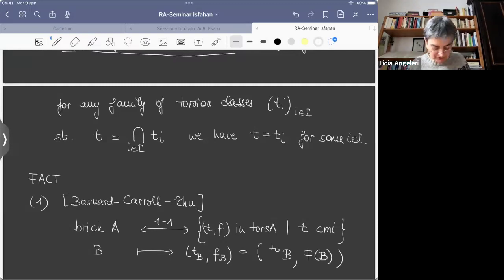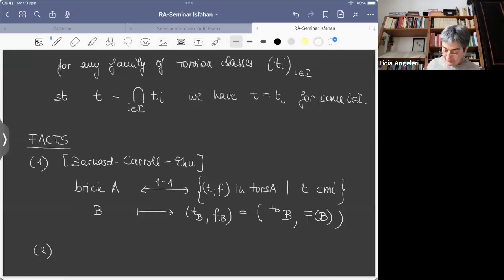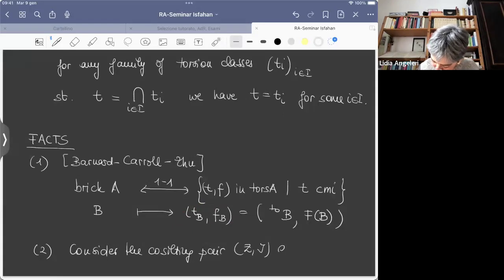Okay, so we have this bijection, and now we can look at the cosilting. Now we have a torsion pair in tors A, and we know it is associated to some cosilting pair. So let's consider the cosilting pair (Z, I) associated to this torsion pair.